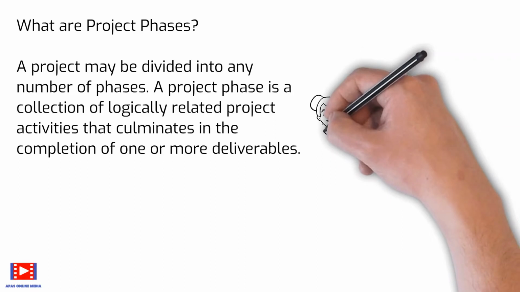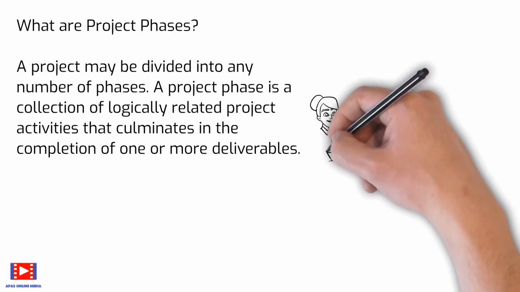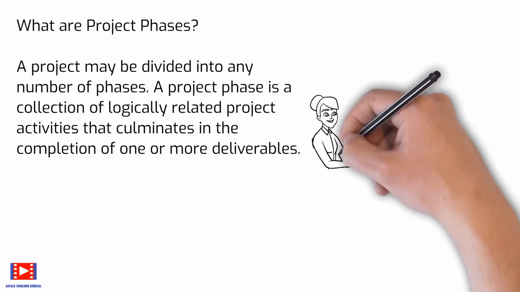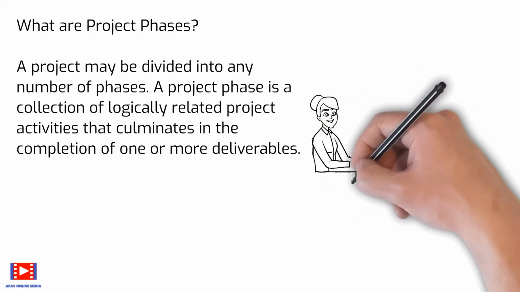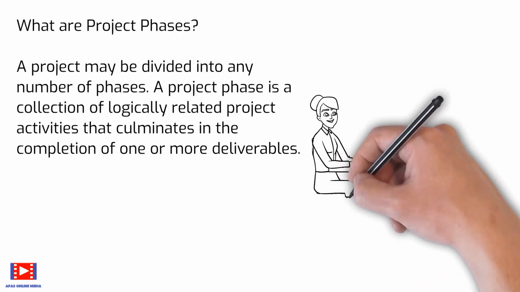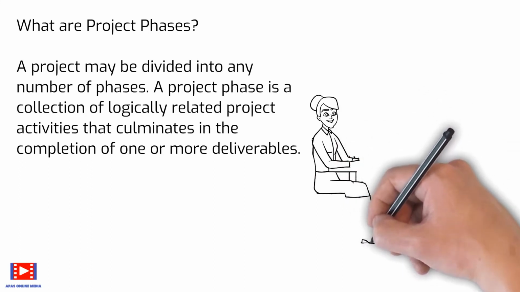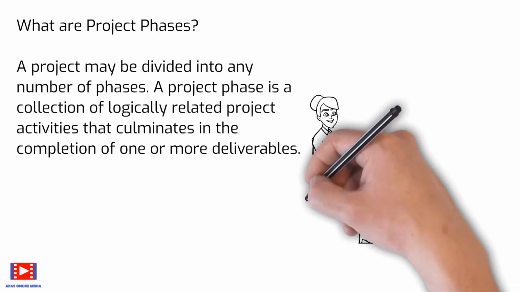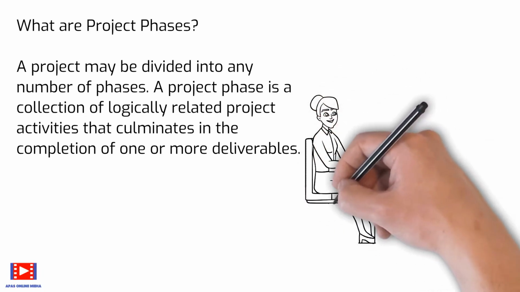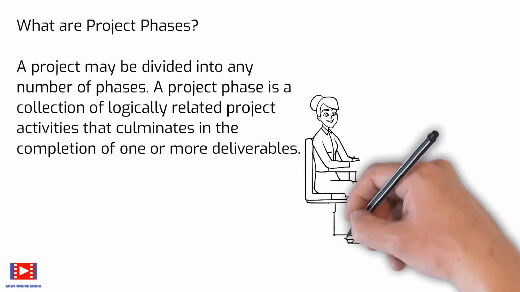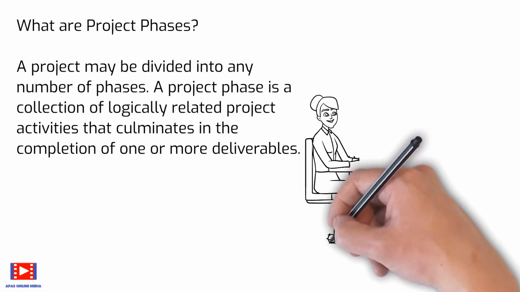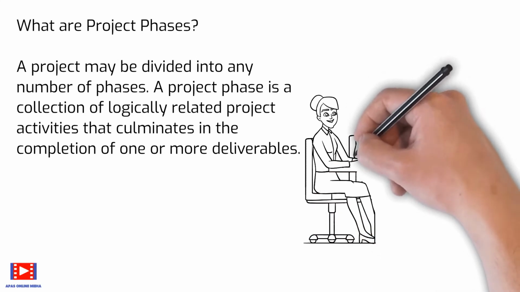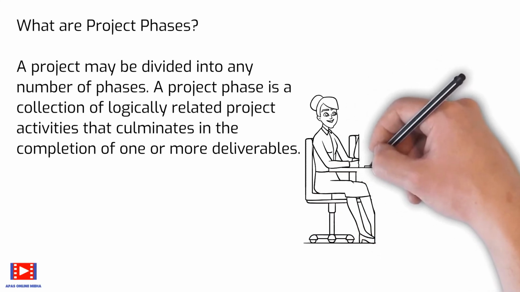Project phases are used when the nature of the work to be performed is unique to a portion of the project and are typically linked to the development of a specific major deliverable. A phase may emphasize processes from a particular project management process group, but it is likely that most or all processes will be executed in some form in each phase.